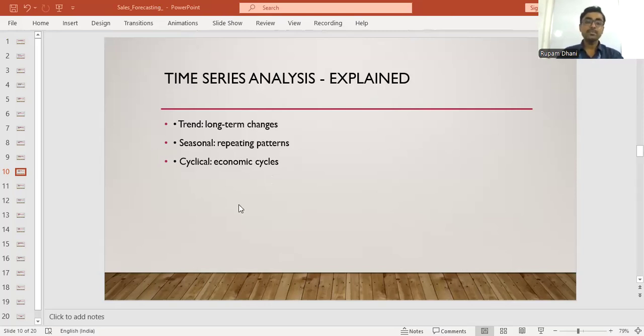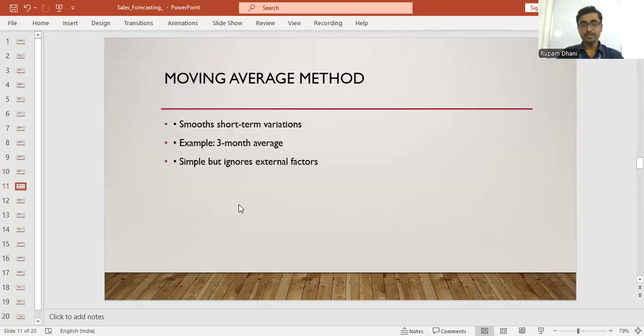Our next method is the moving average method. The moving average method is the very simplest time series method, and this technique smooths short-term variation in data. For example, a 3-month moving average calculates the average sales over the past 3 months. While it's simple to implement, a limitation is that it tends to ignore external factors that might influence sales.